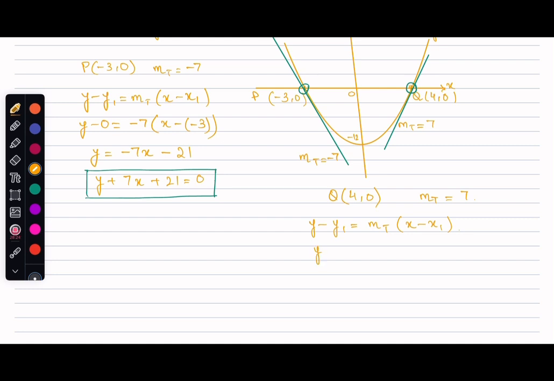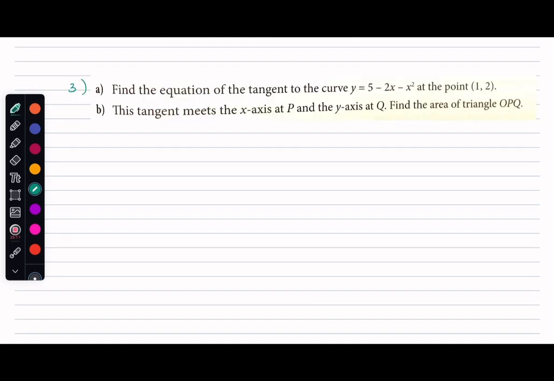This becomes y minus 0 equals 7 times x minus 4. So y equals 7x minus 28, or I can say y minus 7x plus 28 equals 0. So these are the two tangent equations that I should be having on the two points where the curve was crossing the x-axis.